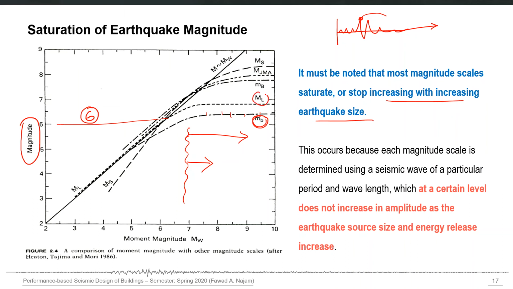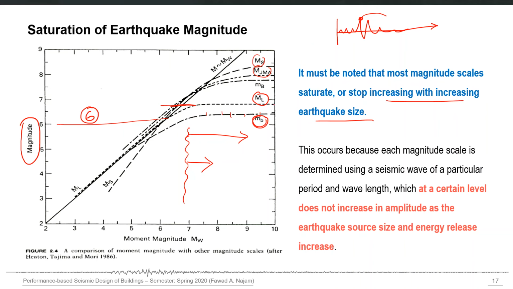Similarly, ML, the local magnitude scale or the Richter scale, will saturate after maybe 6.5 or 7. Some, like MS and Mgamma, can go more than that, but ultimately all will saturate.